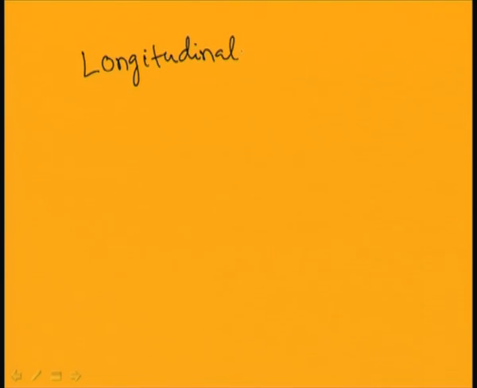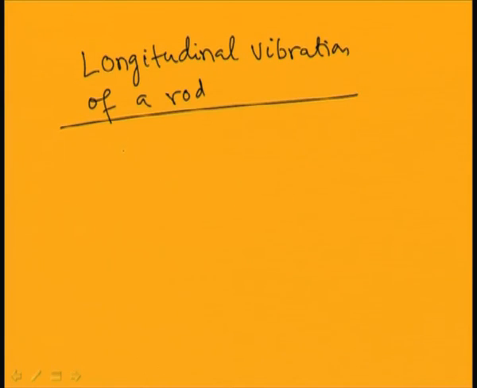So in case of longitudinal vibration of a rod, so this is a rod, let me draw a rod. Let it be subjected to a force F. So I can take a small elemental length dx here.